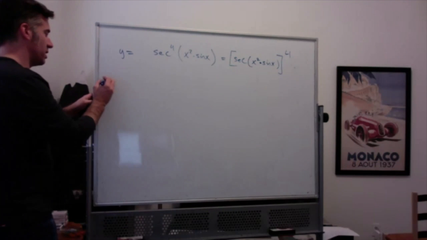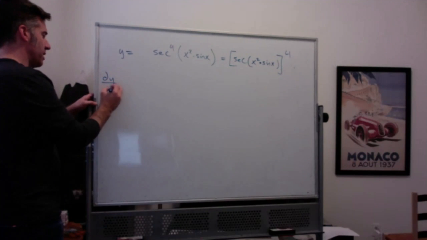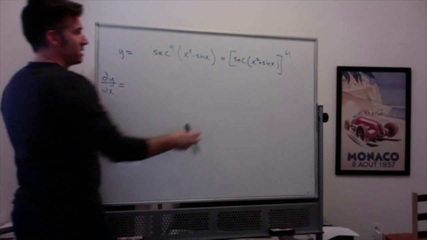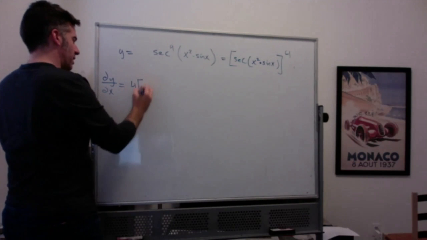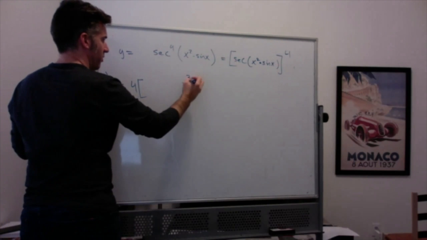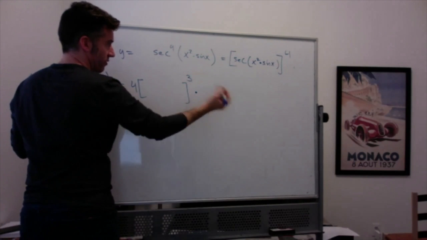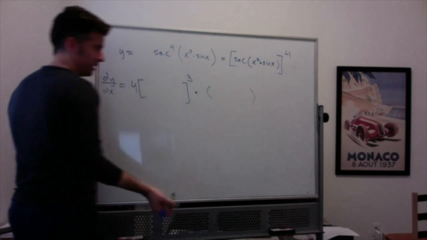And so when I start taking my derivative here, dy dx, it's going to be that stuff to the 4th. The derivative is going to be 4 times that stuff to the 3rd times the derivative of some stuff. And then I'm going to leave myself some extra room here.